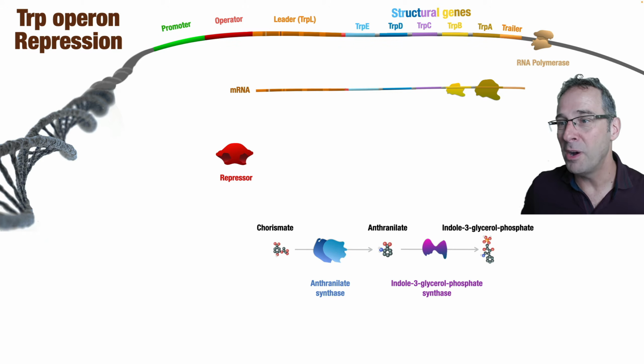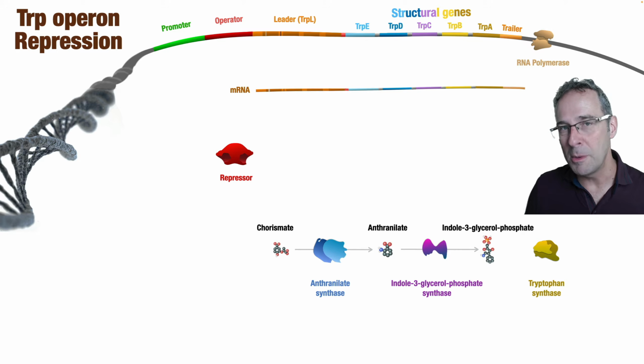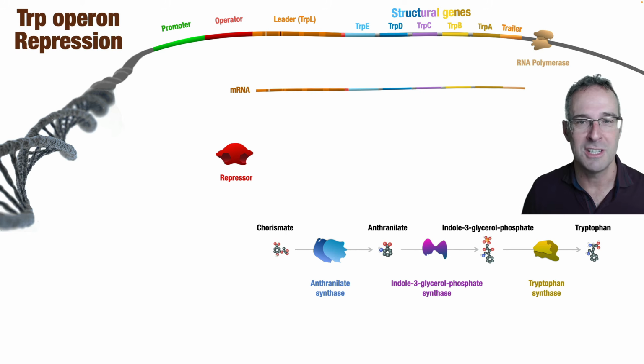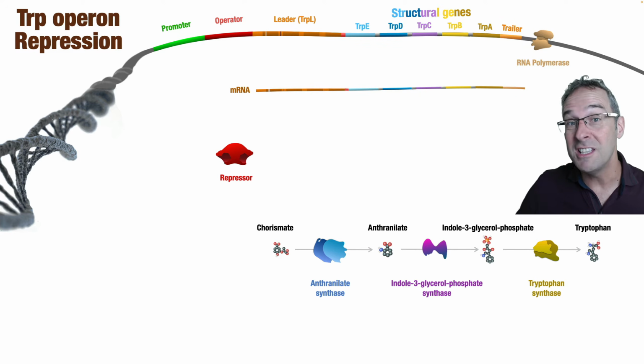And the last 2 polypeptides from TRPB and TRPA form another enzyme, again with quaternary structure, called tryptophan synthase. And tryptophan synthase takes the indole 3 glycerol phosphate and converts it into tryptophan. So that's the biochemical pathway that results in the production of tryptophan.